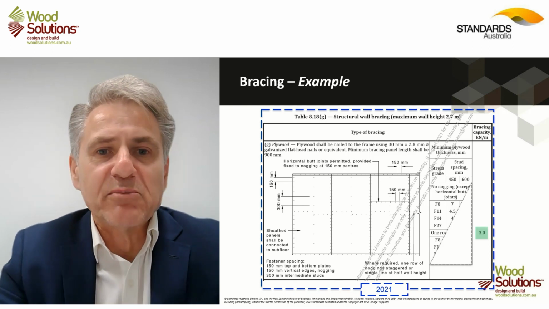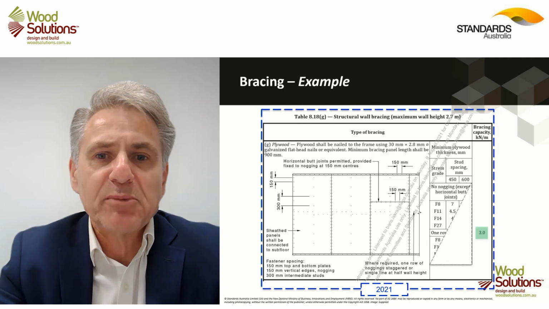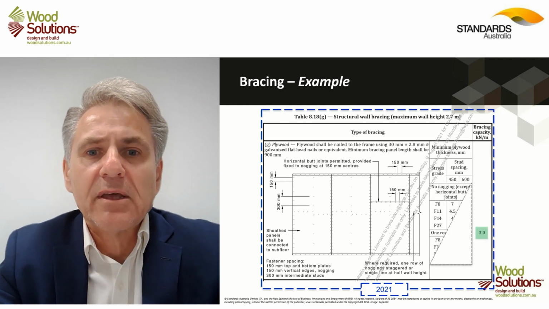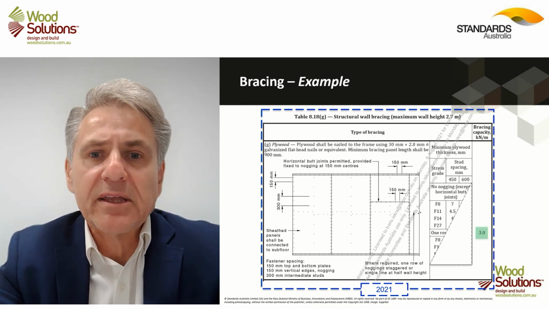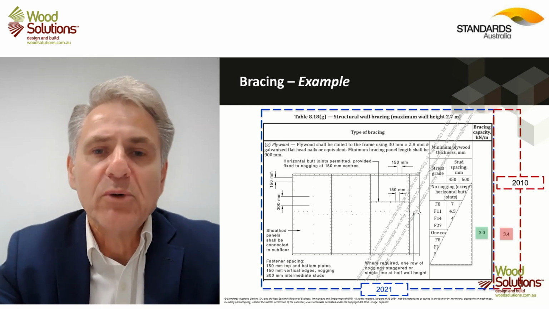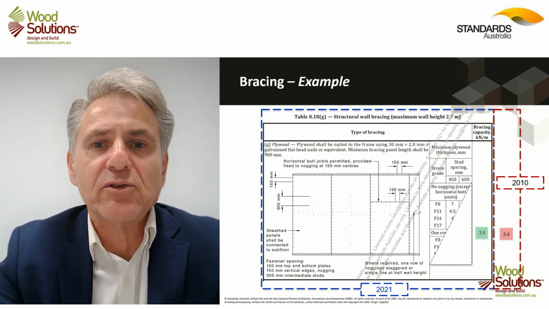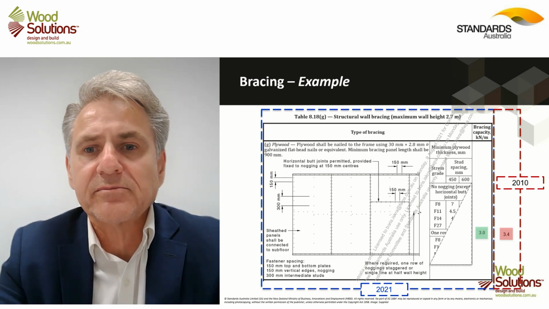So what does that mean? Under the 2021 edition, our typical plywood brace has a 3 kilonewton per metre capacity, whereas previously it was a 3.4 kilonewton per metre capacity.